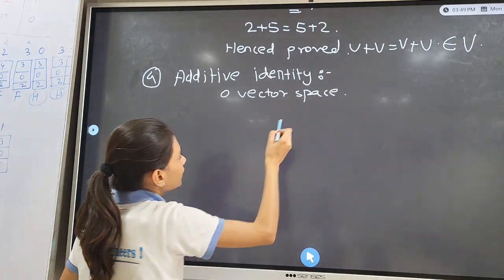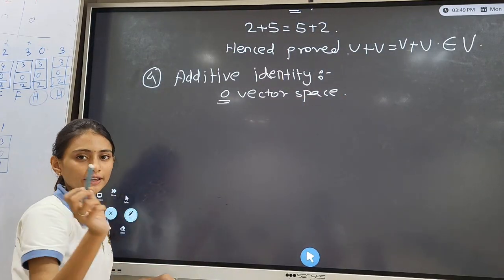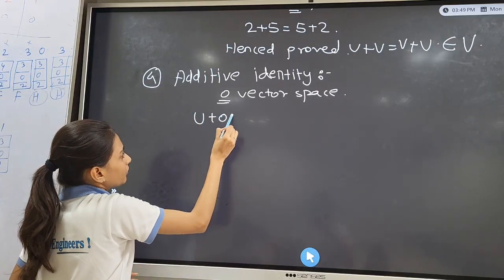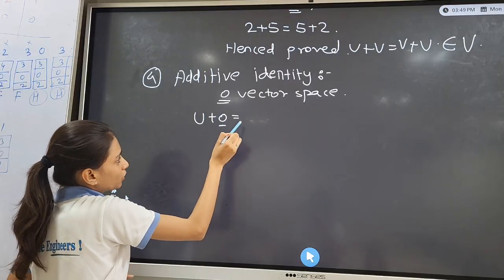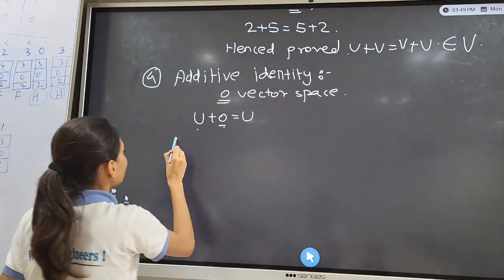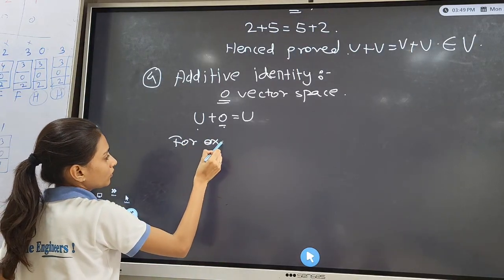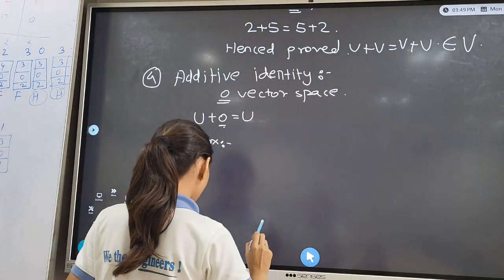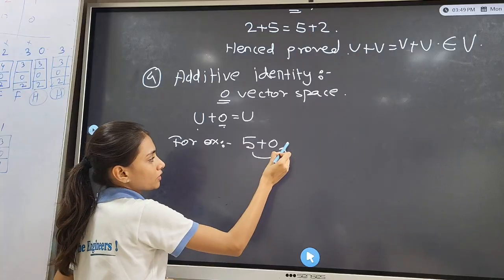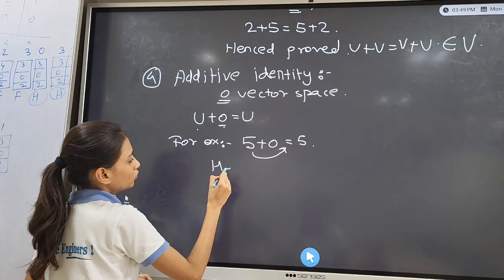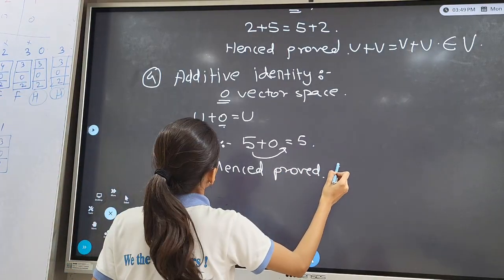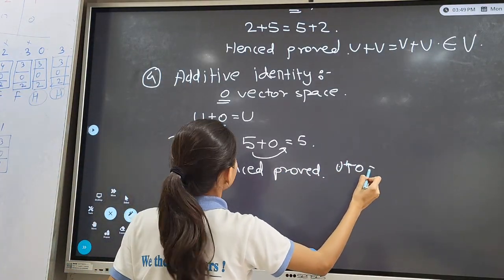It means whenever we add this zero vector to any other element of a vector space, it gives us the same vector, which means U plus 0 gives us U. For example, we can see 5 plus 0 always gives us 5. Then we can prove that U plus 0 is equal to U.